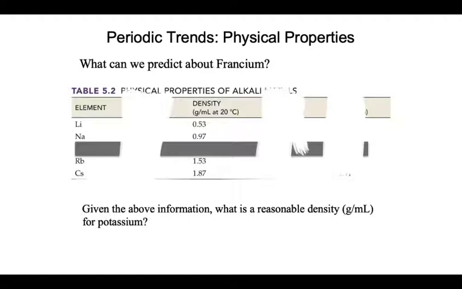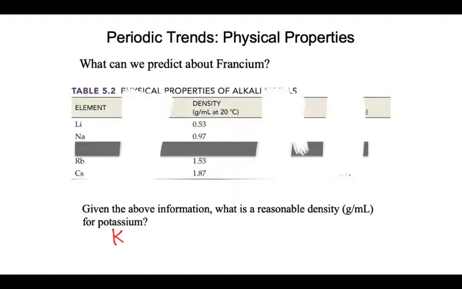Okay, the next part, I want for potassium. What does potassium have to do with any of those elements? Those of you with a periodic table in front of you might be able to figure that out if you memorize the symbol for potassium. Potassium is K, and K is found where in the periodic table?